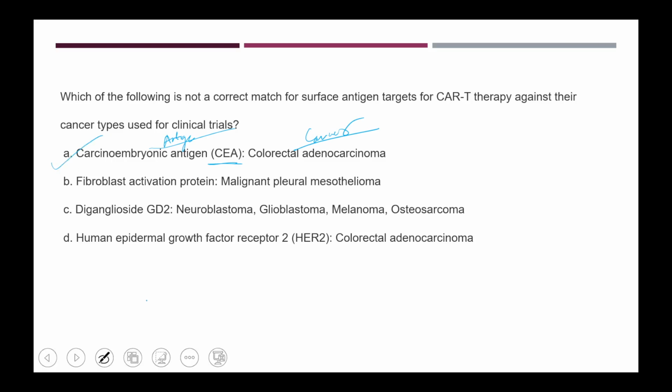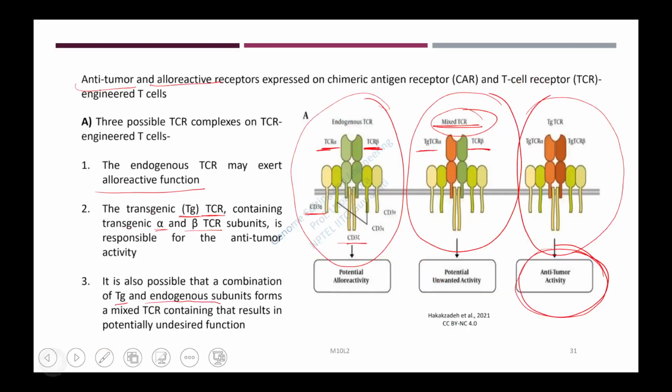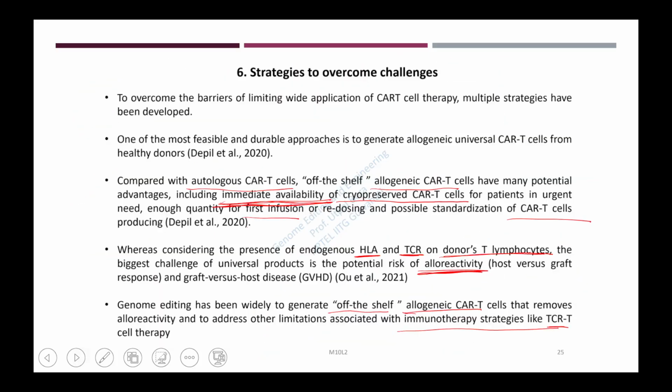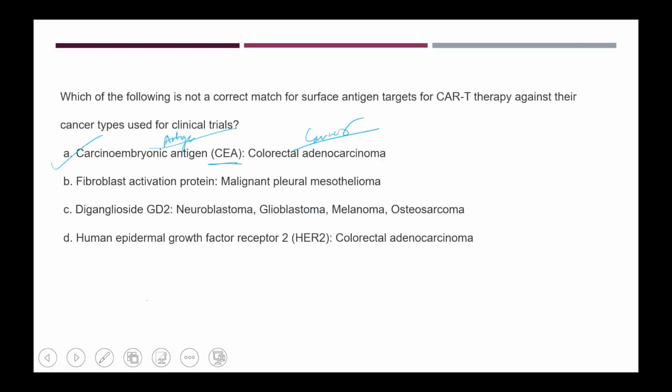This one was the correct option. You can just check the list here. Okay. From the list, you can solve those particular questions. I think you can solve. I think the correct answer will be this one, but you can just check.